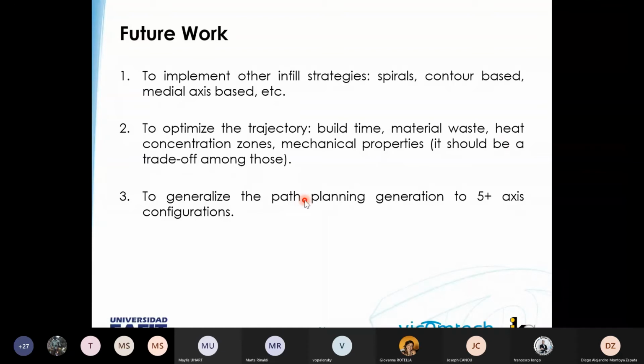That is the build time, maybe the material waste, but also some more mechanically related things, maybe the mechanical properties, or avoiding heat concentration in some zones. So this would be an interesting thing to work on. And finally, we want to generalize this path planning for more complex machines, those that have 5 or more axes.